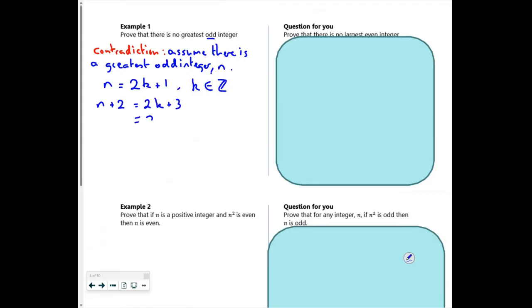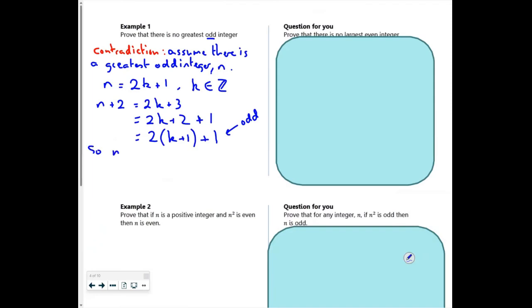But now I'm going to rewrite it as 2k plus 2 plus 1, which is 2 lots of k plus 1, plus 1. And that's in the form of an odd number. So what I've done, if I assume that n is the greatest odd number, is find a larger odd number that's next to it. So my contradiction has failed.